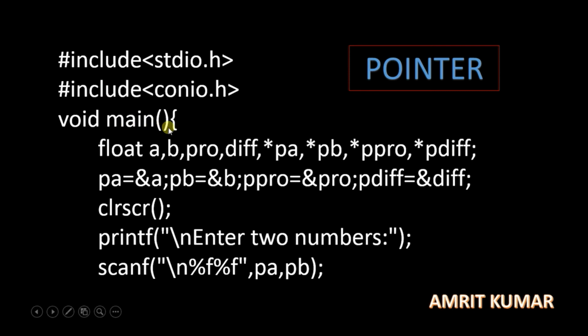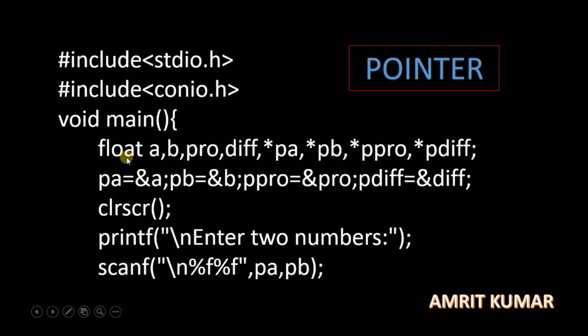So I am opening the main function here, and here you are seeing the different variables and pointers being declared with float data type. I am declaring a, b, pro, diff as variables of float data type, and *pa, *pb, *ppro, *pdiff as pointers of float data type.